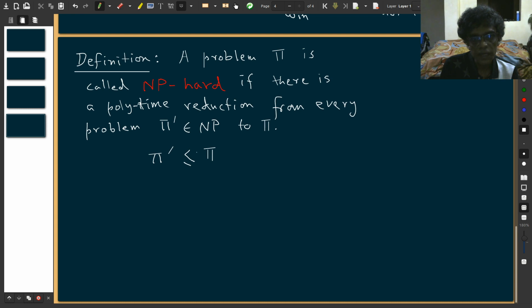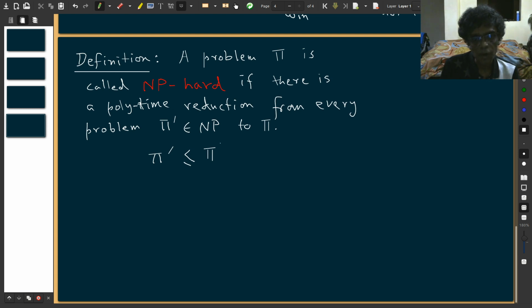Reduction followed by running an algorithm of the target problem gives you a way of solving the source problem. But that need not be the only way of solving the source problem, or even the best way of solving this source problem. This is just one way. It can be solved perhaps by easier algorithms, less complicated or less complex algorithms. So this is less than equal to is because of that.